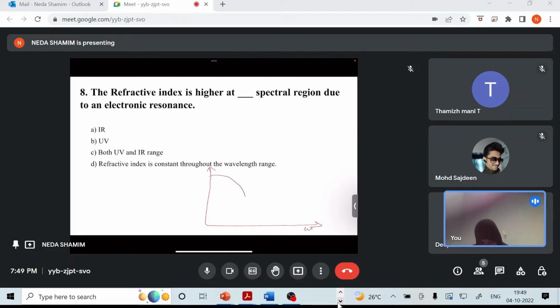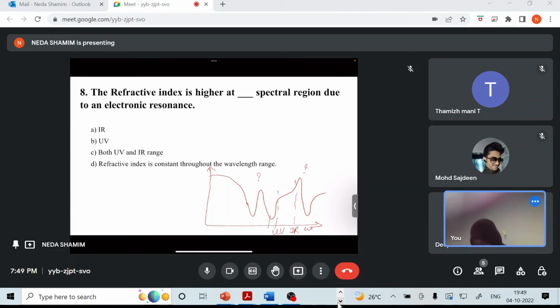The graph is something like this. This is resonance. This is UV, this is IR.